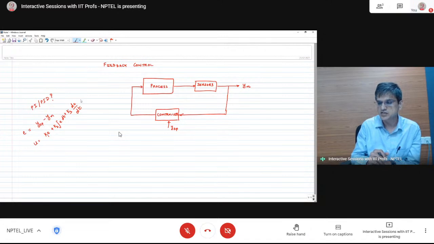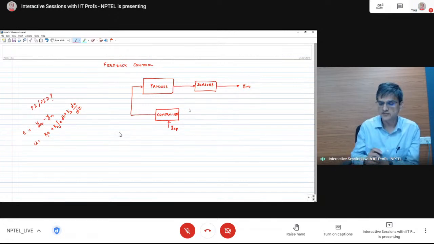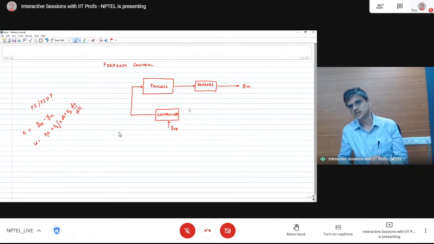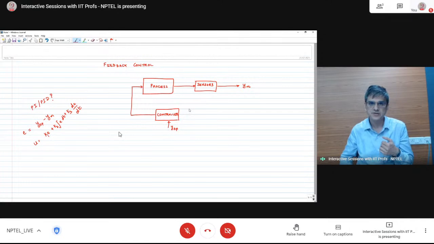As far as PID is concerned, whatever information you gain from doing the measurements is complete. That is not how any of the advanced controllers work. Nearly every advanced controller requires you to obtain the state of the system. What do you mean by the state of the system? State of the system means the internal representation of the system that would be necessary in order to predict the system behavior, or to control, analyze, or monitor the system behavior, or ensure that the system is working in a safe mode.